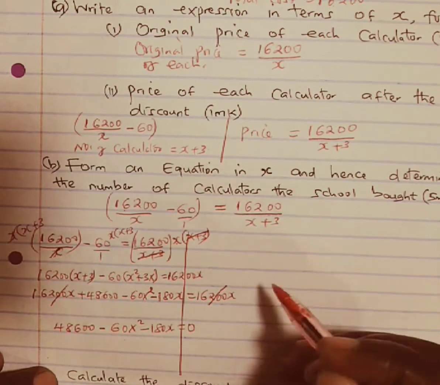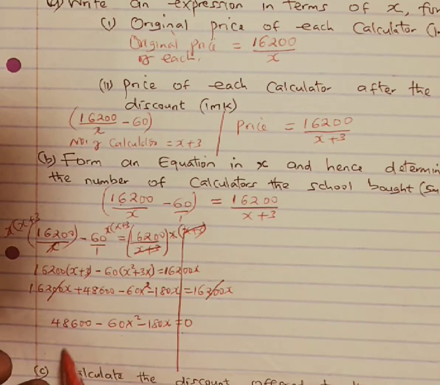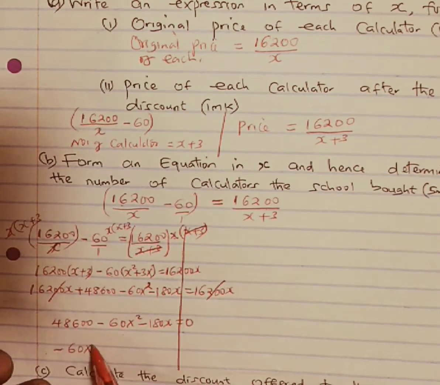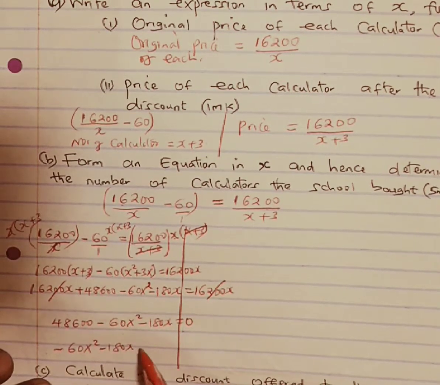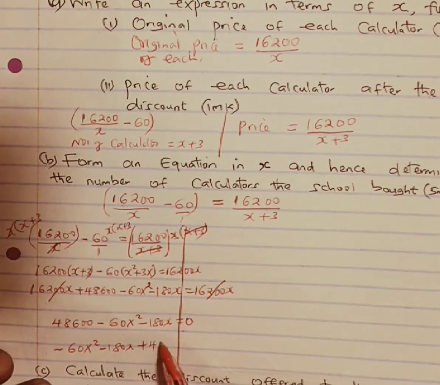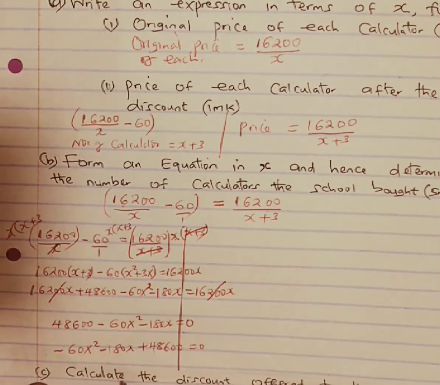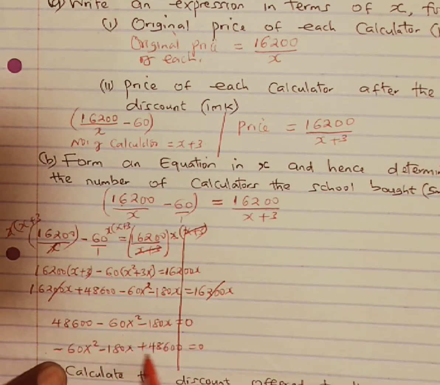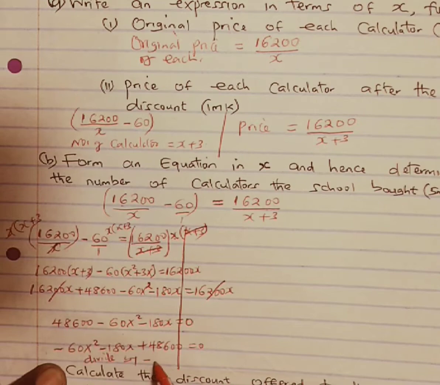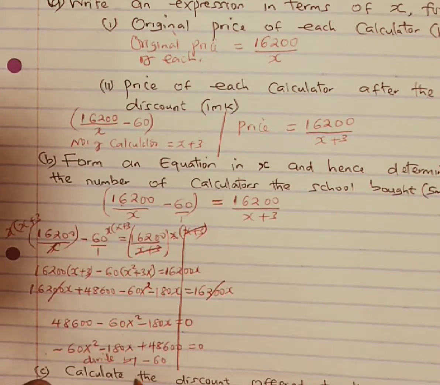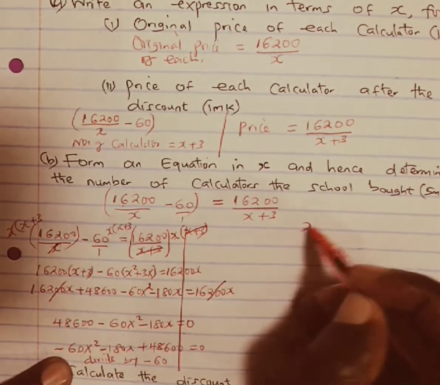From here, we are going to move so that we can have negative 60X squared. We reorganize, we are going to have minus 180X plus, of course, 48,600 being equal to 0. So if you divide by negative 60 all through, negative 60X squared divided by negative 60, you get X squared.